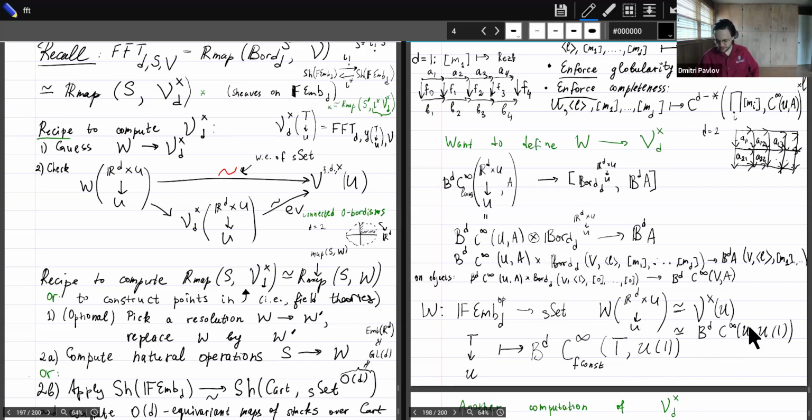U may not be such a good letter, it conflicts with U1, I guess. So you can see how, I mean, this is an extremely primitive example, but it does show you how easily a presheaf on Cart, like U1, can be promoted to a presheaf on FEM D, like this one. So that's the promotion.